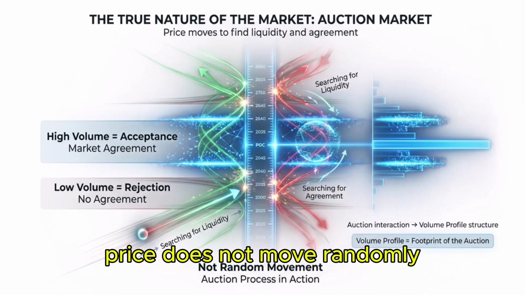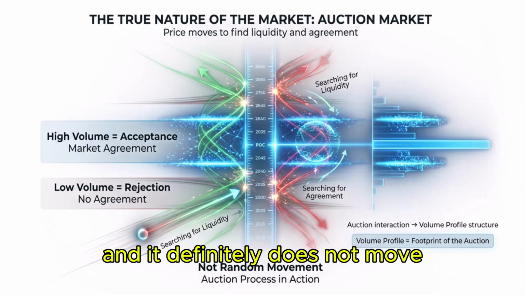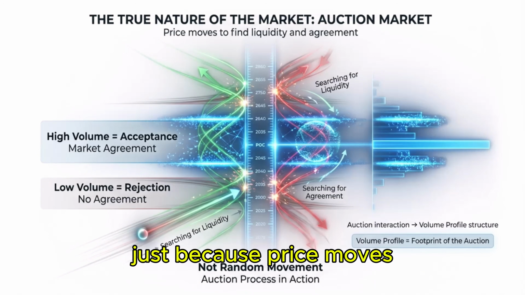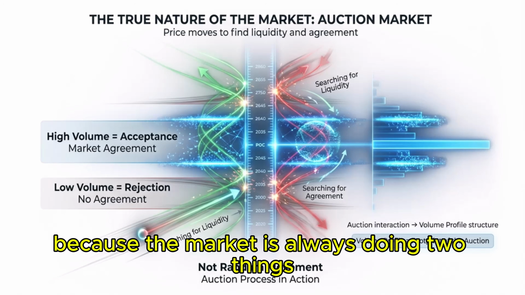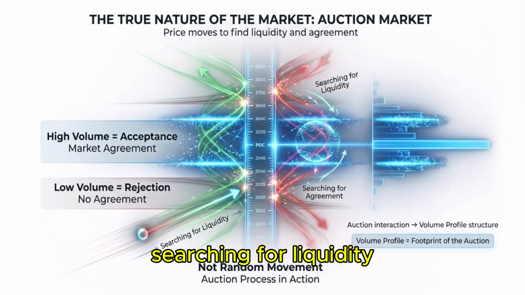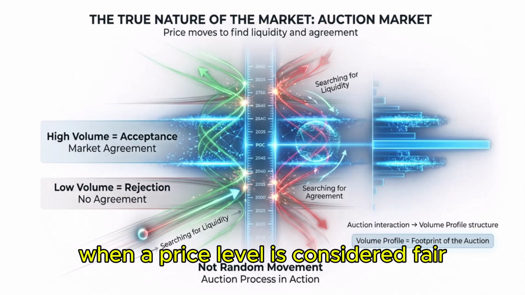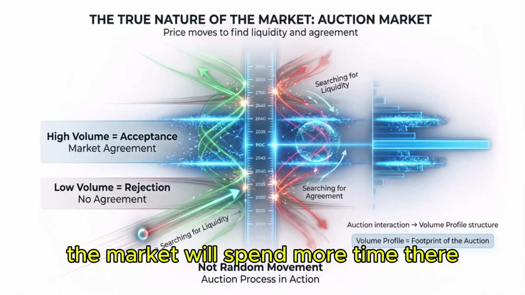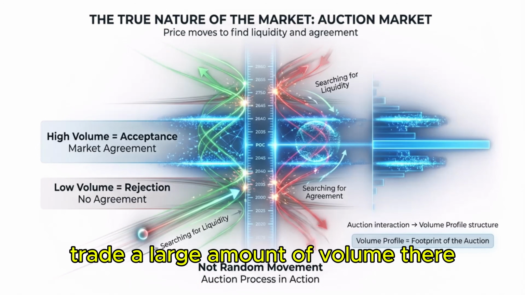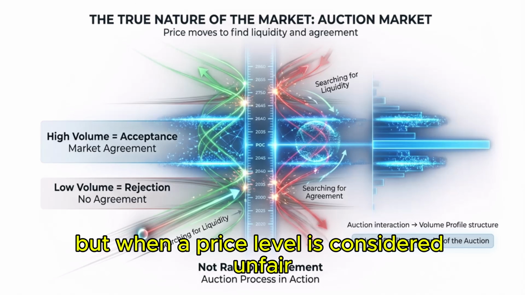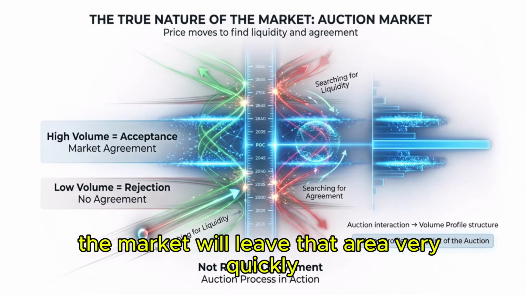Price does not move randomly, and it definitely does not move just because. Price moves because the market is always doing two things: searching for liquidity and searching for agreement between buyers and sellers. When a price level is considered fair, the market will spend more time there and trade a large amount of volume there. But when a price level is considered unfair, the market will leave that area very quickly.